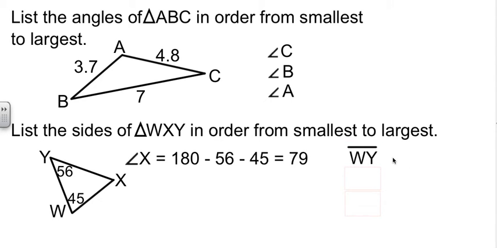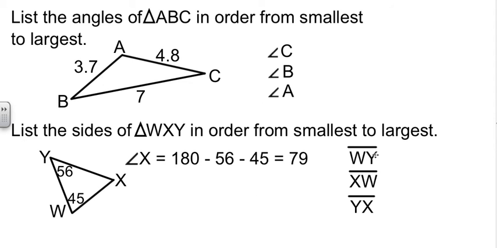Well, I went largest to smallest. Oops. So YX is the smallest. It should be first. I read this backward when I was typing this. I did largest to smallest. XW is the second one because 56 is the next smallest angle. And then 79 is the final angle.